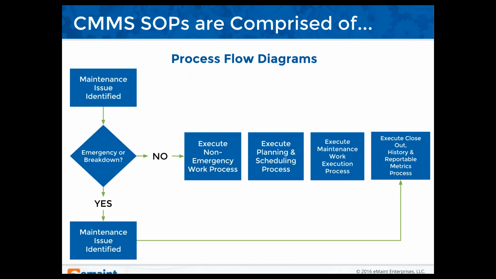Most SOPs that I've been involved with and that I've come across have visuals like process flow diagrams. Here's an example of a simple work order type process flow. So back to our visual in relation to the ISO 9001 guidance in terms of inputs, process, and outputs. They come in all sorts of shapes and forms.